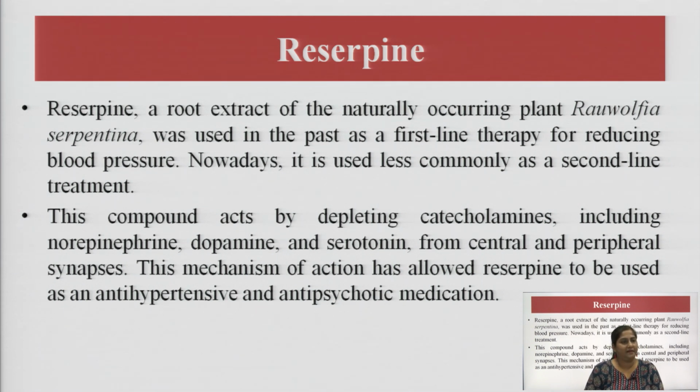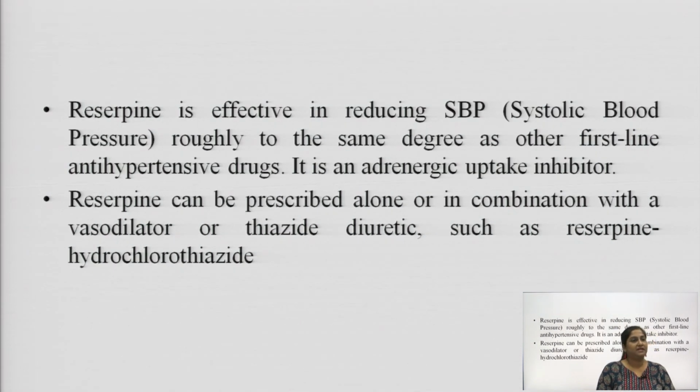I am again repeating, this is the only medicine which is used naturally as an antihypertensive agent. Reserpine is effective in reducing systolic blood pressure roughly to the same degree as other first line antihypertensive drugs. It is an adrenergic uptake inhibitor.